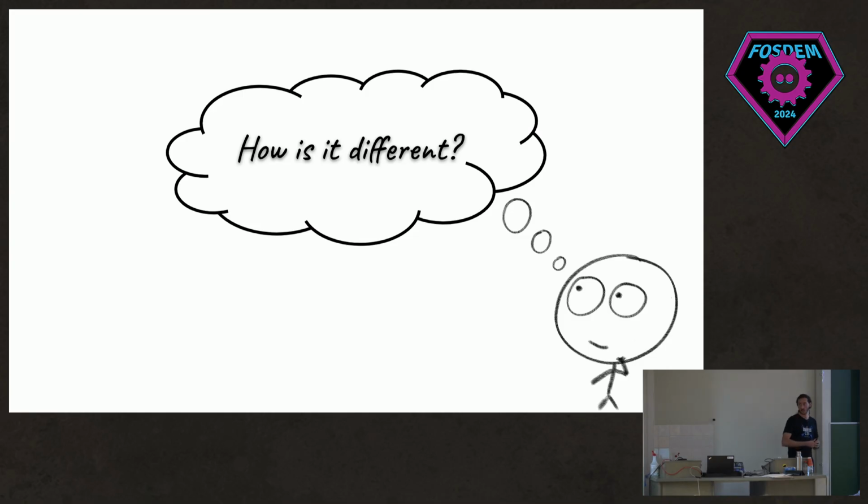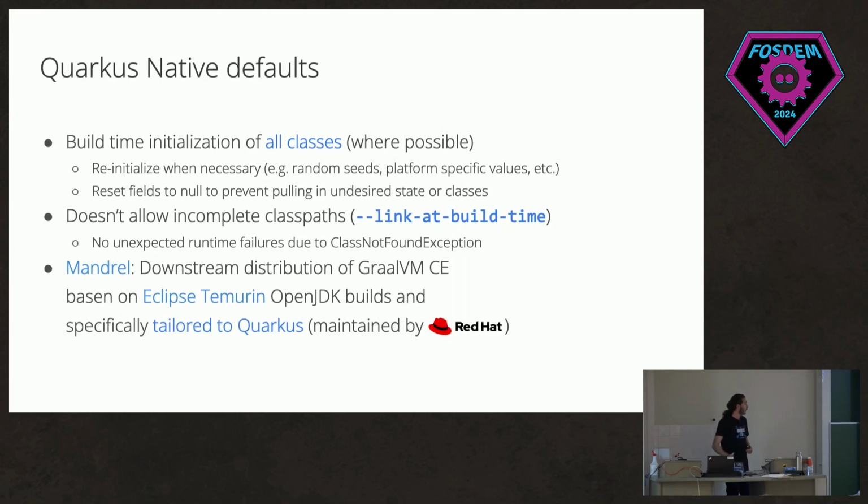Okay, so some might think that that's not the only framework that does that, right? So why Quarkus? Quarkus takes an opinionated approach, and it's different than the other frameworks in that it will try and build time initialize all the classes, while by default, GraalVM's native image initializes the classes at runtime.